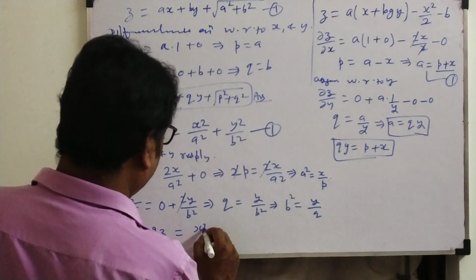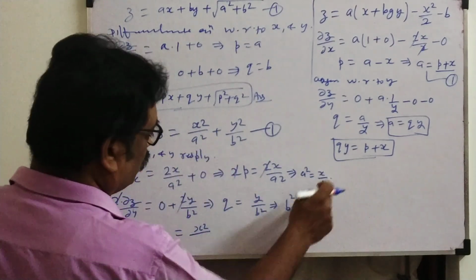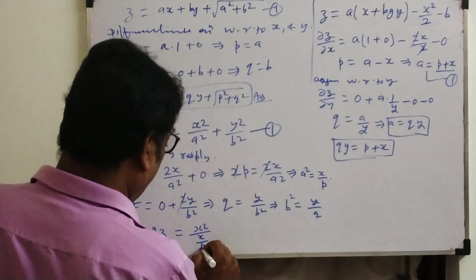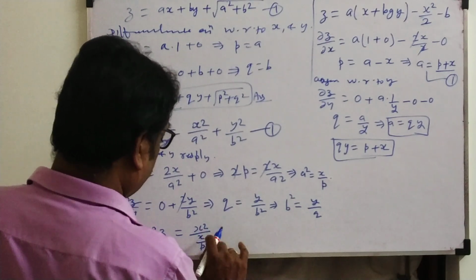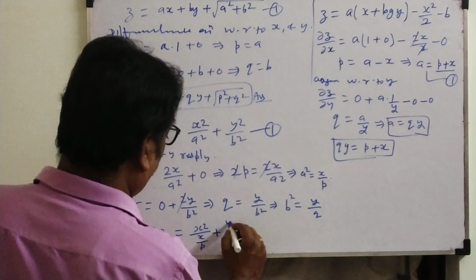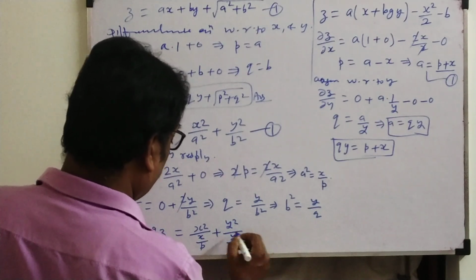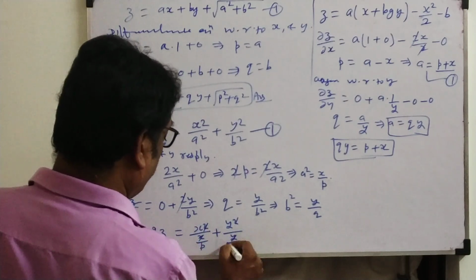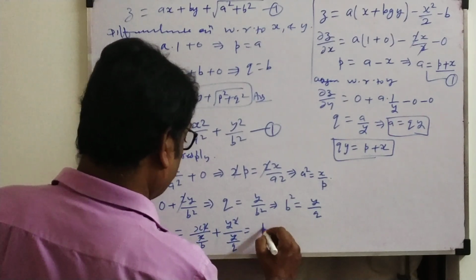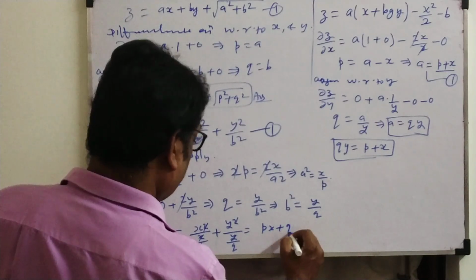So x square as it is, you have to eliminate a. So a square is equal to x by p, plus y square by y by q. So 1 x cancels, 1 y can cancel. So px plus qy.